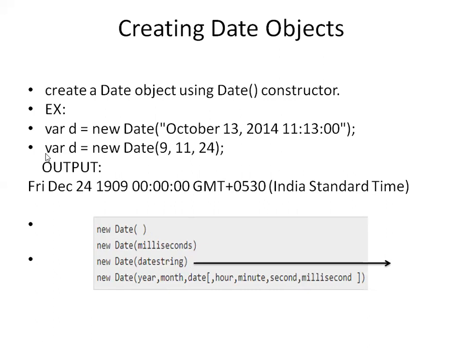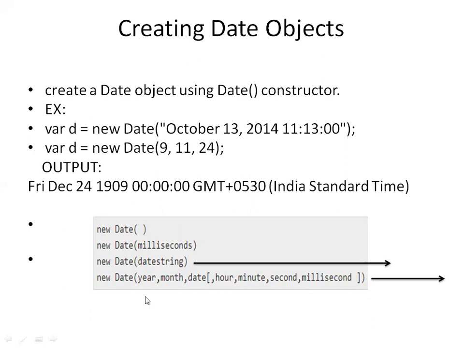Take the next example, where d is equal to new Date(9, 11, 24). Here, the Date constructor has more than one argument, so it matches the fourth method, new Date(year, month, date).